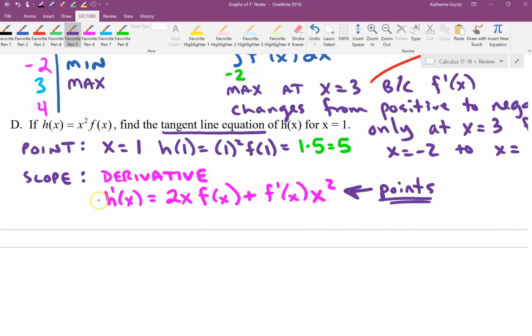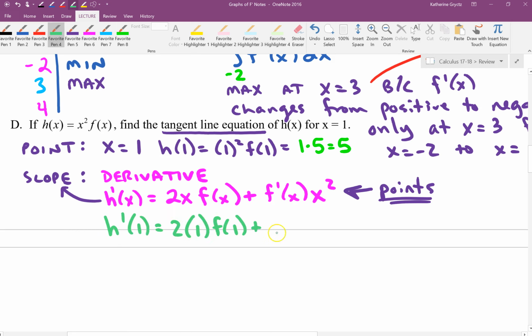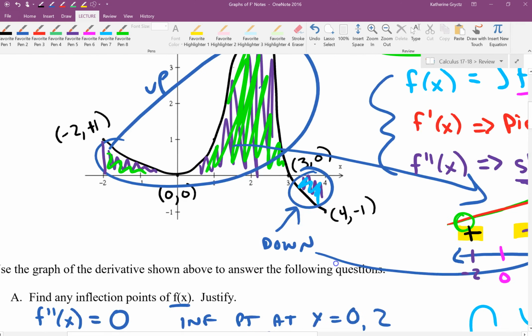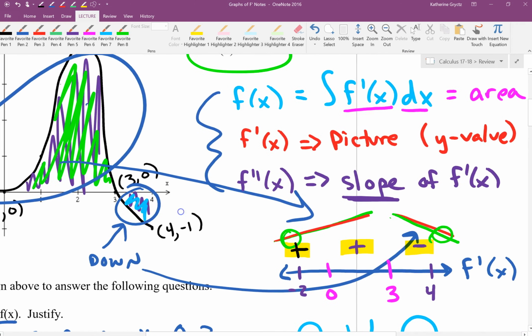But this is just the equation for the slope. We actually need the slope when x equals 1, so we plug in 1. We get 2 times 1 times f of 1, plus f prime of 1 times 1 squared. We've talked about how f of 1 is 5. And f prime of 1, from the notes up above, we get from the picture.